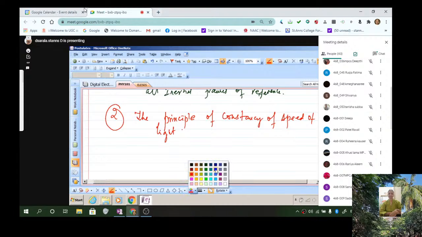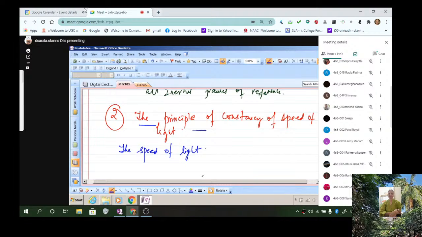That means what we are talking about is the speed of light. This is a principle. So how do you state this? The speed of light is the same in all inertial frames of reference.